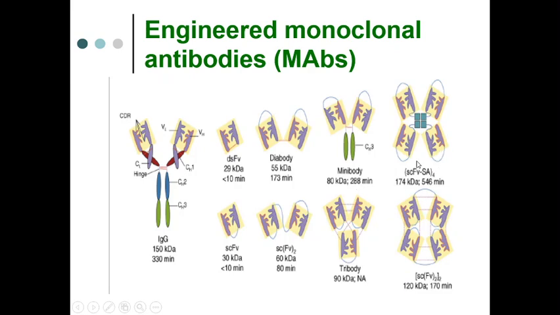Another monoclonal antibody is the one having a streptavidin, and the streptavidin molecule is linked in the middle of four different FAB sites. Those four different FAB sites are linked to the streptavidin through a peptide chain, and each of the FAB sites or fragment of variable region sites is linked together by a peptide molecule. This has a molecular weight of 174 kilodaltons and a half-life of 546 minutes.